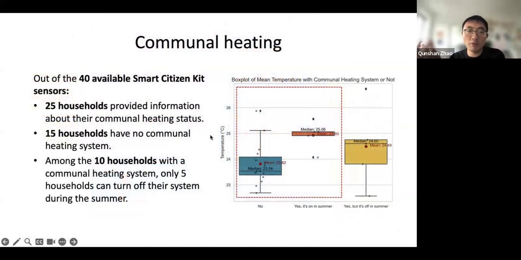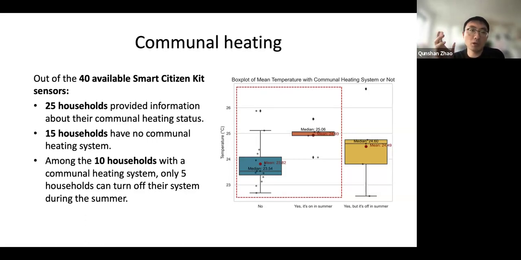We also found a series of other interesting things. All over the world, we talk about the net zero carbon transition and how we can reduce carbon emissions. I think communal heating or district heating is one of the ways we can do that, especially for flats and apartments.